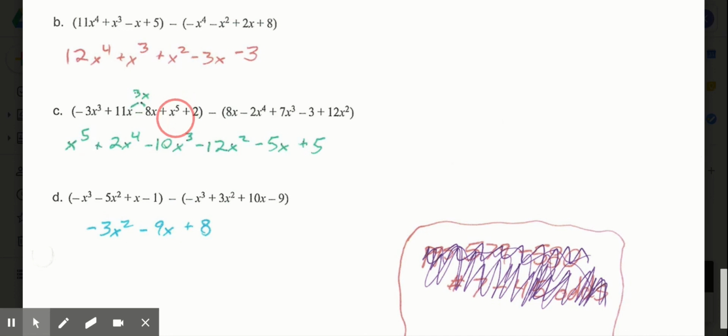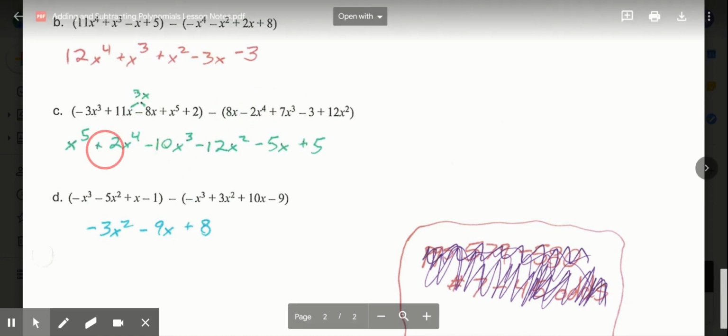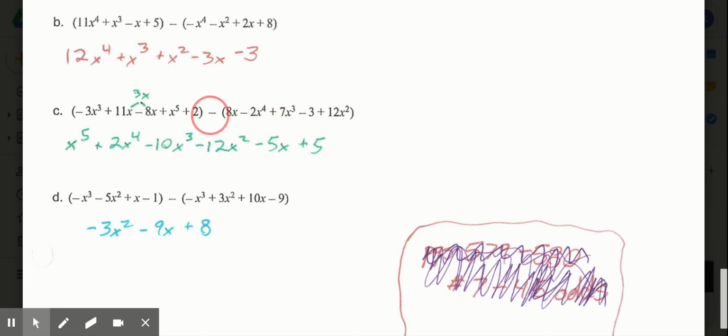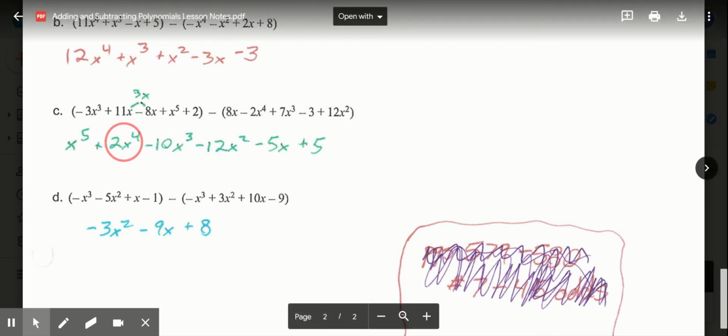So x to the fifth, being our highest degree, has nothing to combine with here, so it's just x to the fifth. Then, nothing to the fourth in our term on the left, so this becomes, instead of a minus 2x to the fourth, minus a negative makes it a positive.